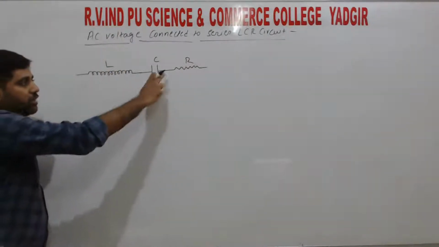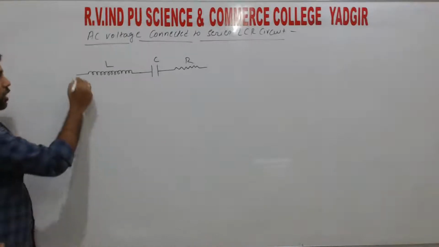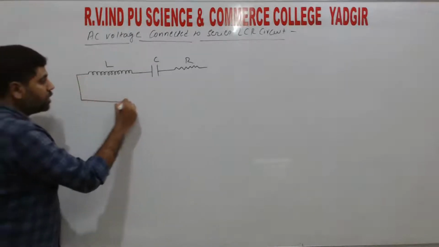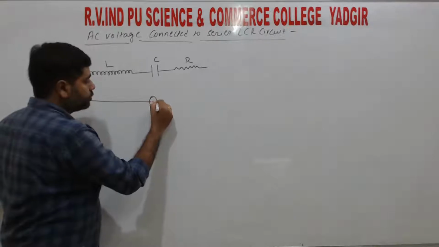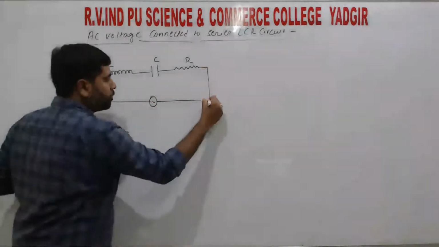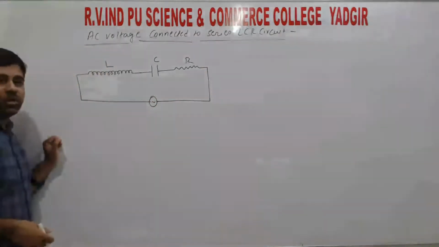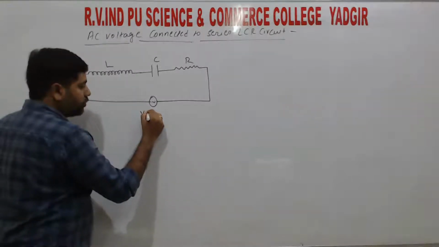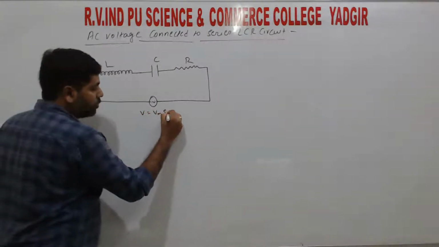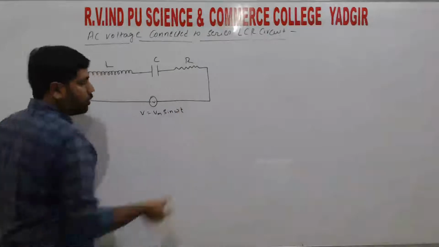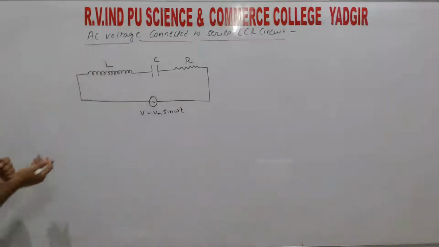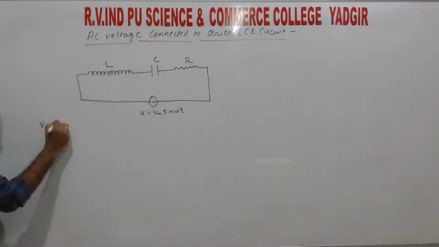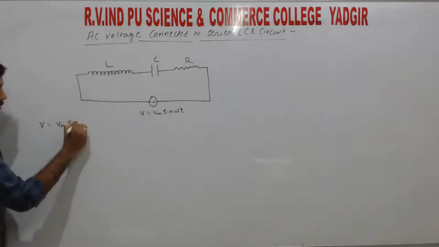Now these three are connected in series, so connect this to the AC source of voltage V equals Vm sin omega t.